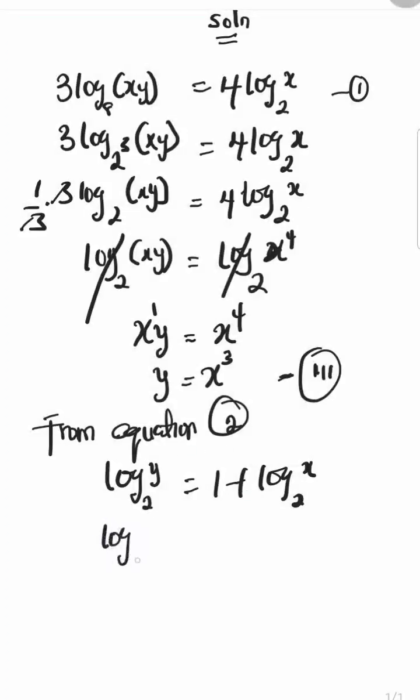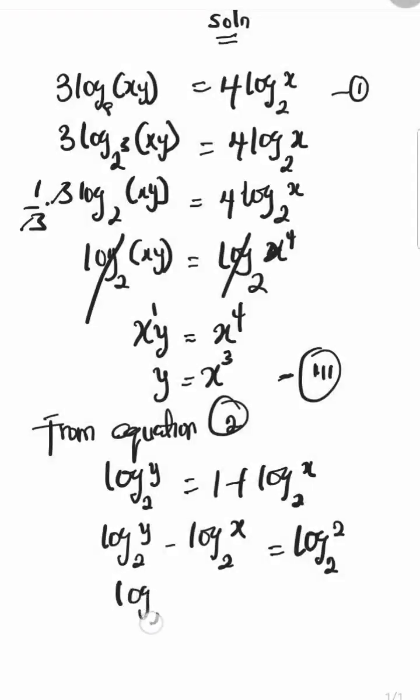So we have log base 2 of y minus log base 2 of x equals 1, but our 1 can be written as log base 2 of 2. Utilizing the quotient rule of logarithms, we can write this as log base 2 of y over x equals log base 2 of 2.